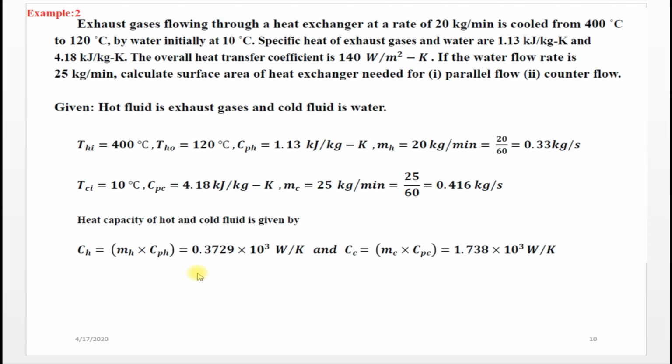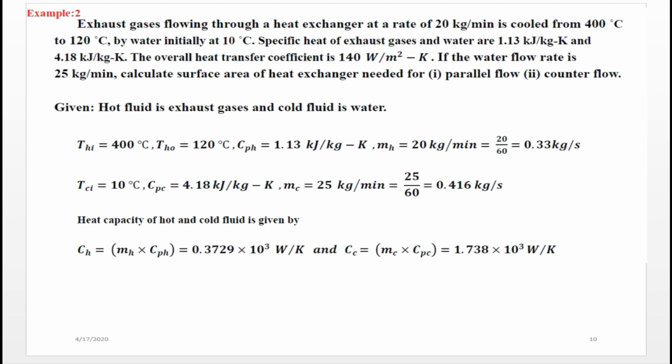Now we will see the second problem on heat exchangers. Exhaust gases flowing through a heat exchanger at a rate of 20 kg per minute are cooled from 400 degrees Celsius to 120 degrees Celsius by water initially at 10 degrees Celsius. Specific heats of exhaust gases and water are 1.13 kilojoule per kg Kelvin and 4.18 kilojoule per kg Kelvin.